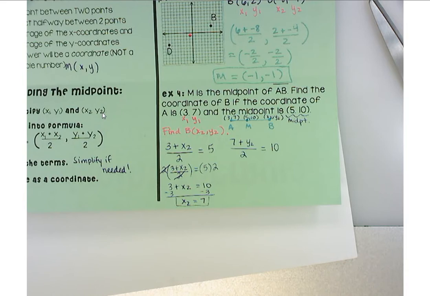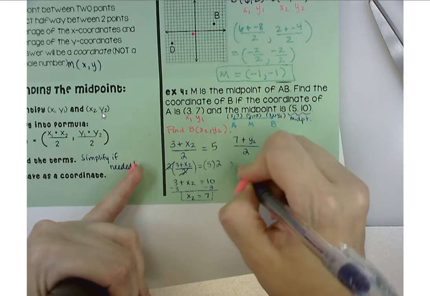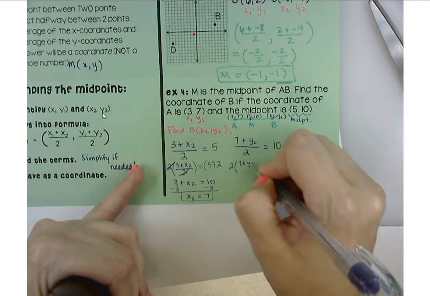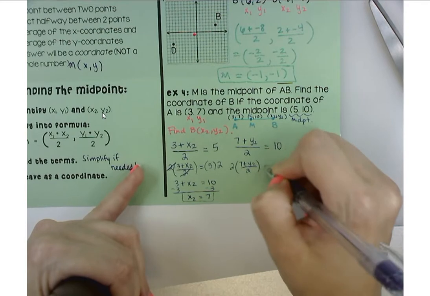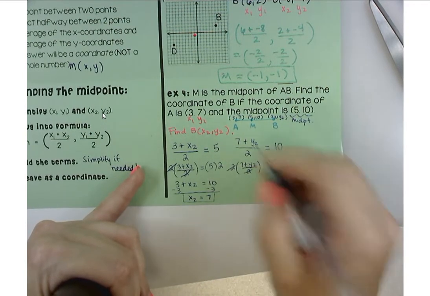Okay, so your final answer is going to be written as a point. So just like we did before, Abby Adams, what are we going to do first? Good. So the first thing is to multiply by 2. The reason why, when you have that fraction, you can always multiply by the denominator to get them to cancel.